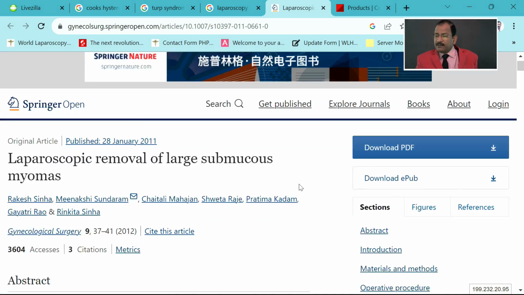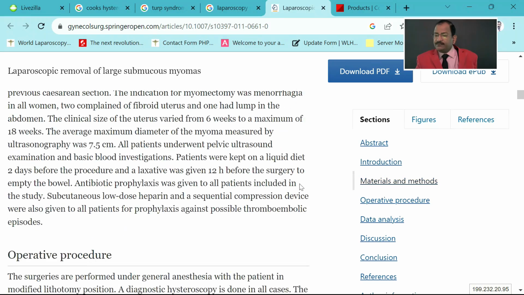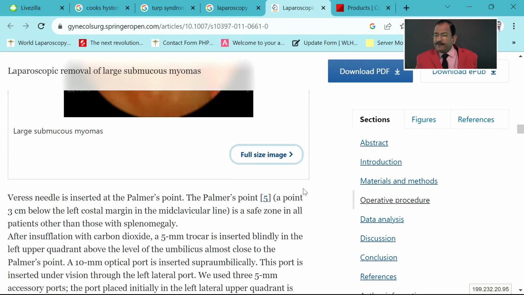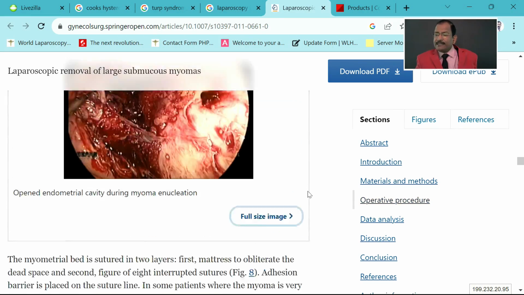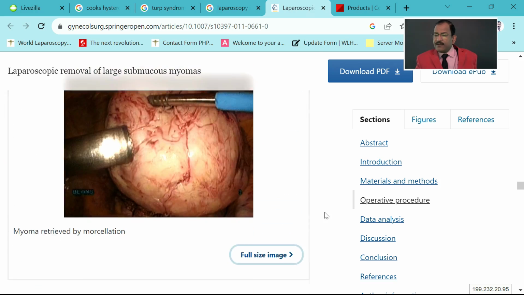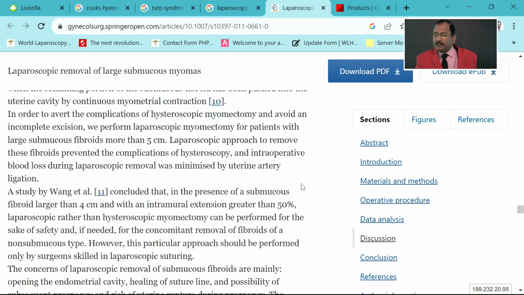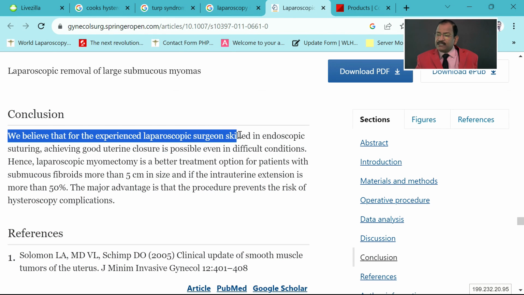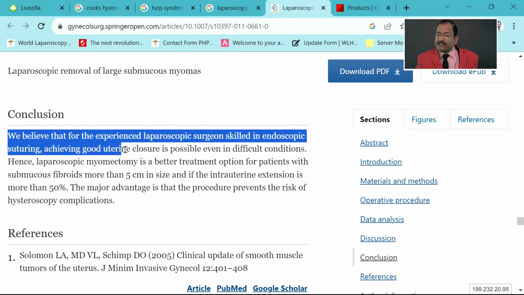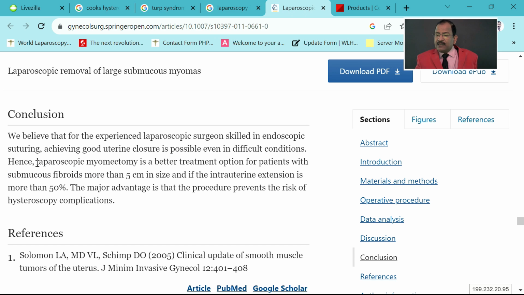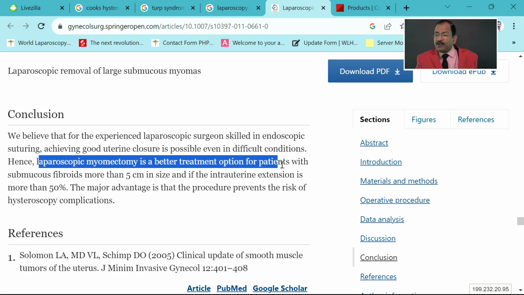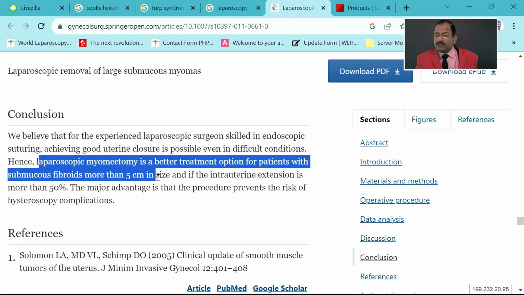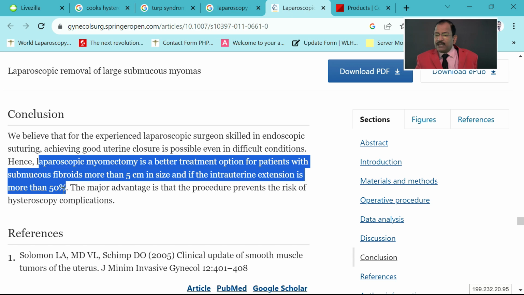This is a Springer, and you go to the conclusion, then you will see that all the recent randomized trial studies are favoring laparoscopy instead of hysteroscopy. So, we believe that for an experienced laparoscopic surgeon skilled in endoscopic suturing, achieving uterine closure is possible even in difficult conditions. Hence, laparoscopic myomectomy is a better treatment option for patients with submucous fibroid more than 5 centimeter with more than 50% intramural extension.